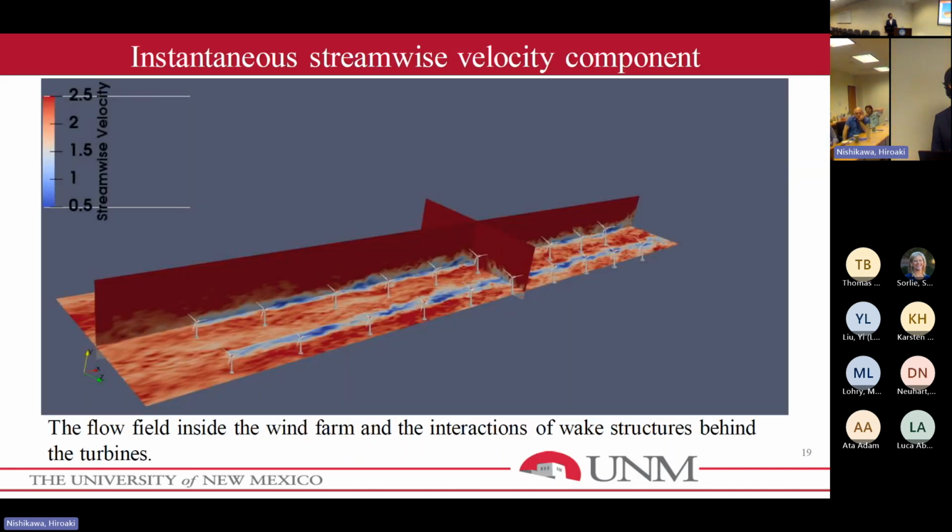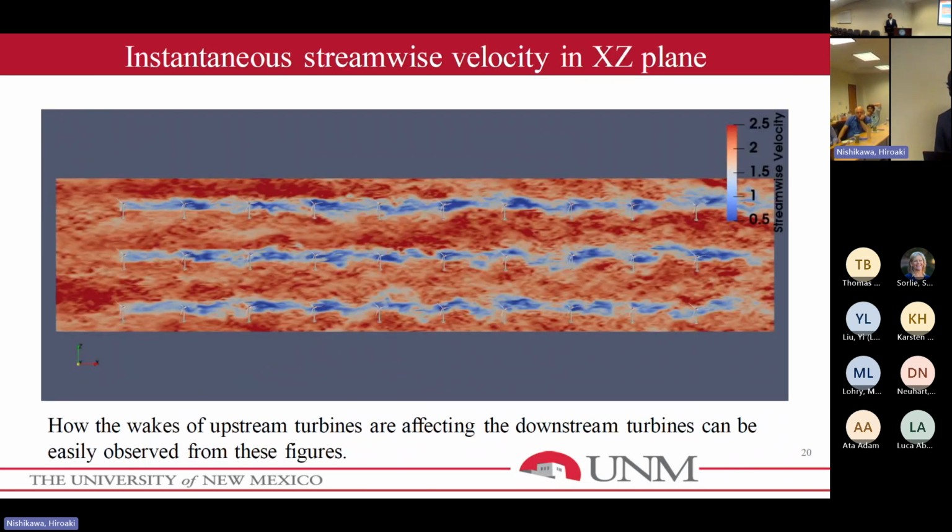This is the instantaneous streamwise velocity component. As you can see from this figure, the interaction of the wake structures behind the wind turbines. This is another profile. You can see how the upstream wind turbines are affecting the downstream wind turbines.